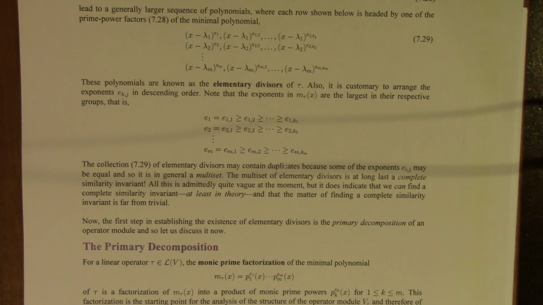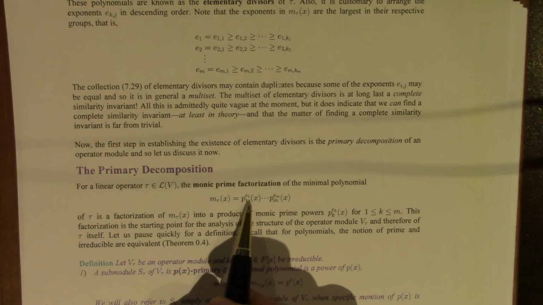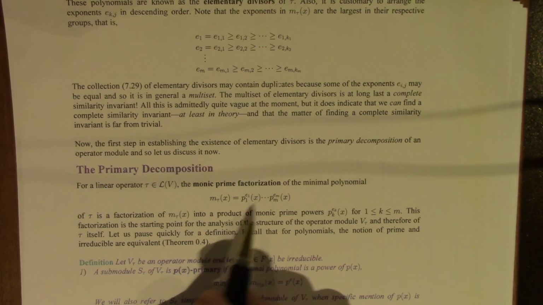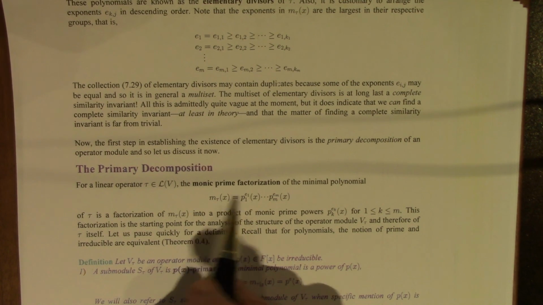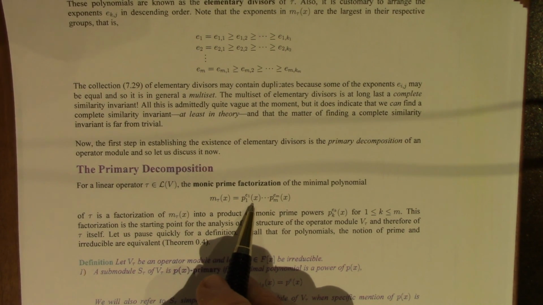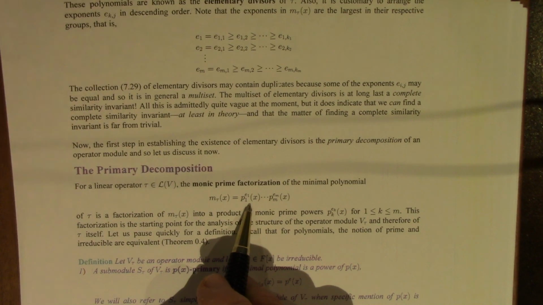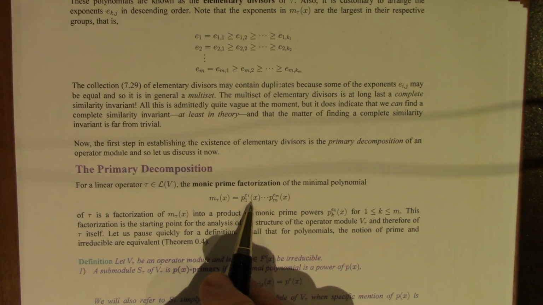And we're going to begin the journey towards this goal here. The first step is going to be to take a closer look at the minimal polynomial and its monic prime factorization. So we're going to factor the minimal polynomial into a product of powers of monic irreducible polynomials.